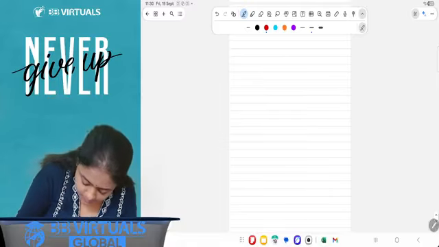Now I got this as 20, this as 21.25. So what is my TPAR? TPAR will be 21.25 divided by 20, which is equal to 1.0625. I hope the calculations are absolutely clear. If you're stuck, then please tell me.